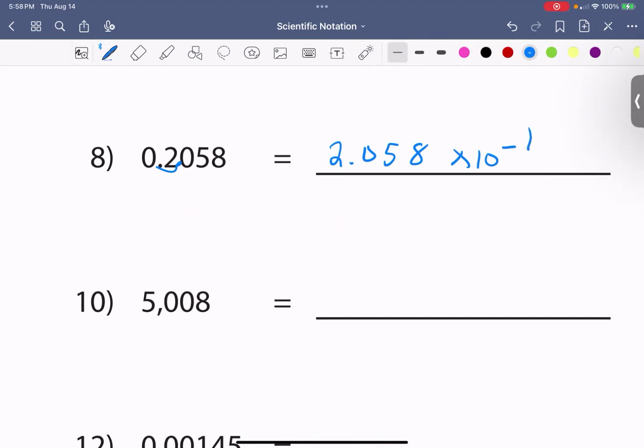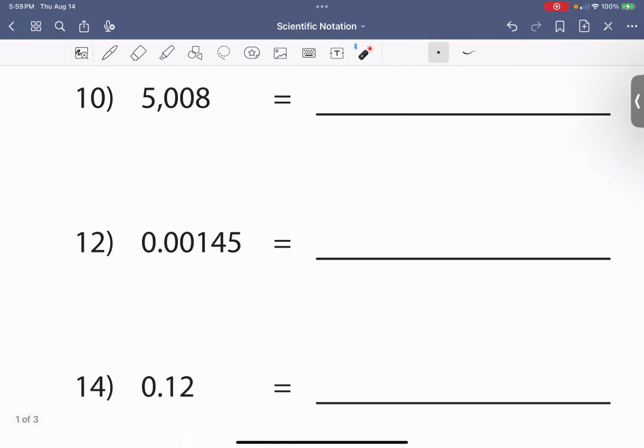You just have to always get behind the first whole number when you're doing scientific notation. Oftentimes there'll be many, many zeros out here, but in these problems, they're not.